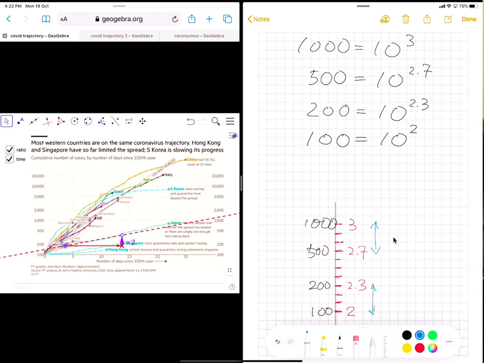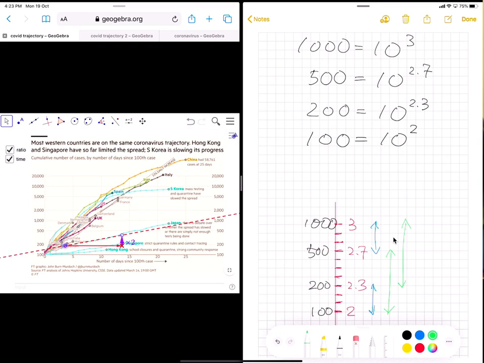Now, another example, if you look at the distance from 100 to 500, this is a factor of 5, multiplied by a factor of 5. And similarly, from 200 to 1000, it is also represented by the same length, 0.7, and also corresponding to a factor of 5, okay.